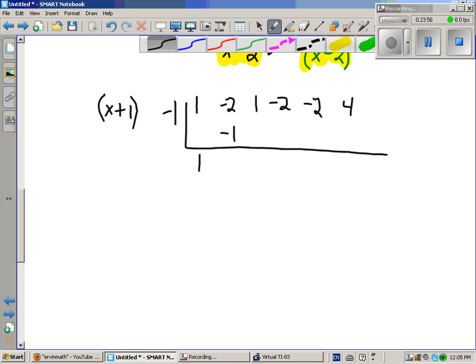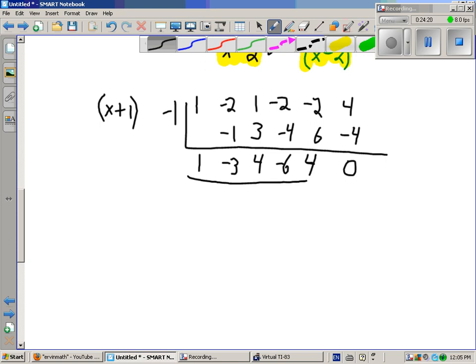Add negative 2 and negative 1, we get negative 3. And from here on out, I'm going to stop voicing out my steps to save time. Continuing on, we end up adding those last two, and we get 0. So our remainder is 0.